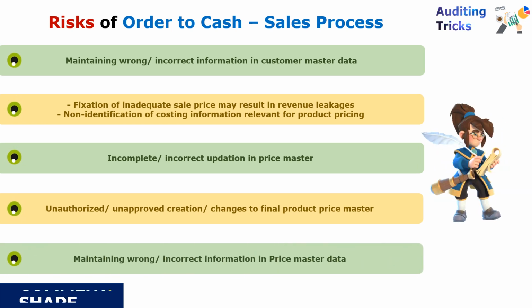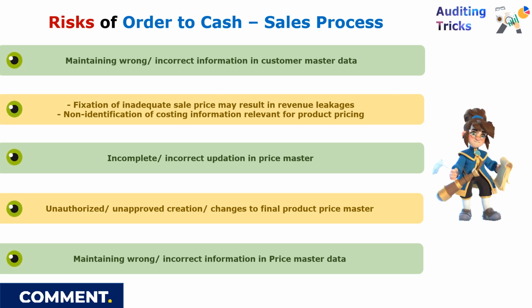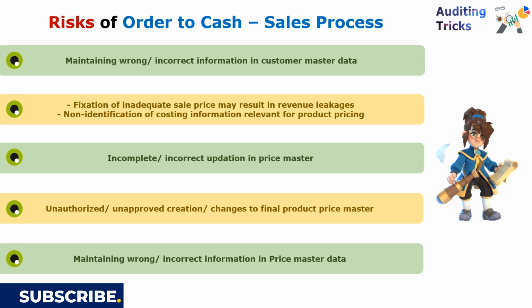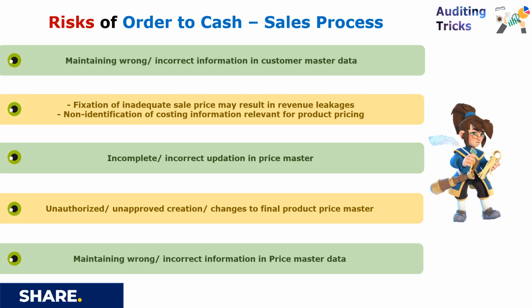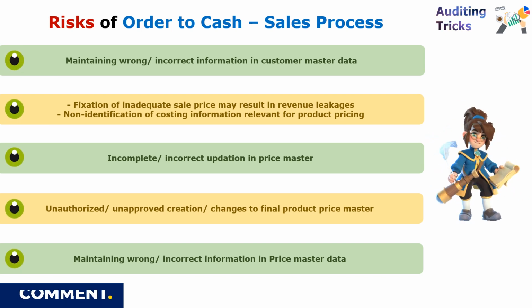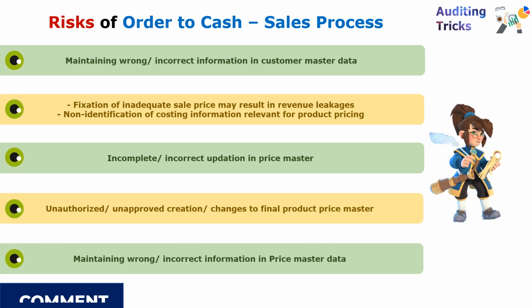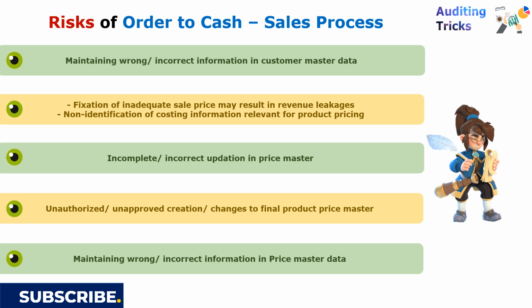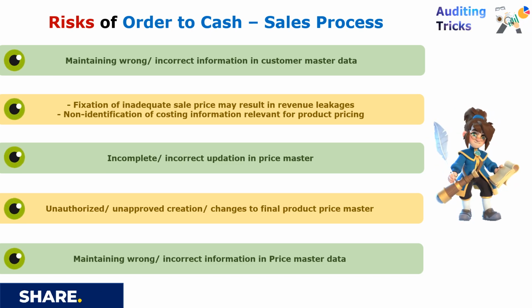The next one in the category of price master management process is maintaining wrong or incorrect information in the price master data. Here we need to ensure that the correct details are updated in our price master of the company. It is not a fraud risk but can be rated as medium risk.